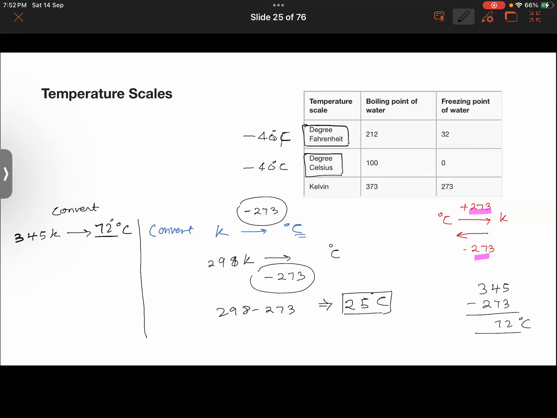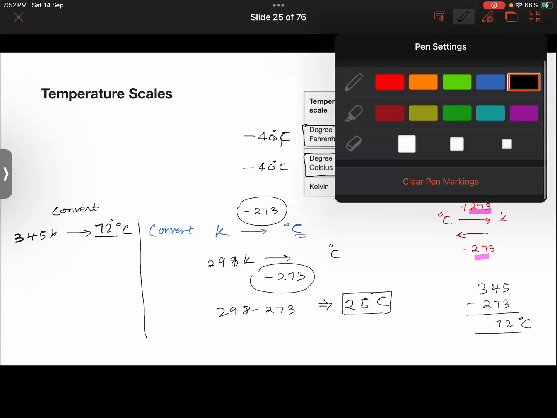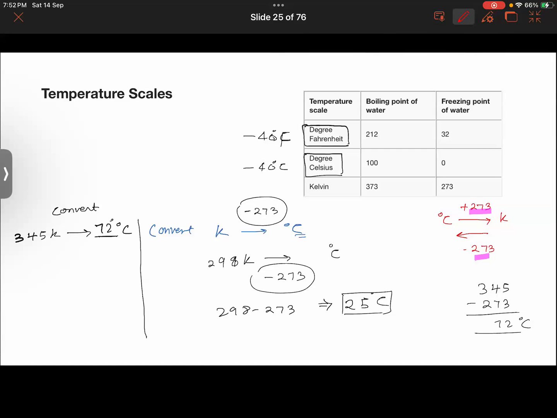Suleiman, are you facing a problem? Yeah, why do we subtract 273? Why did we subtract it? Okay, see, the scales have been designed in such a manner that they are different.